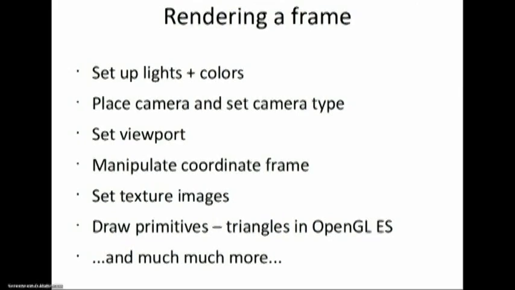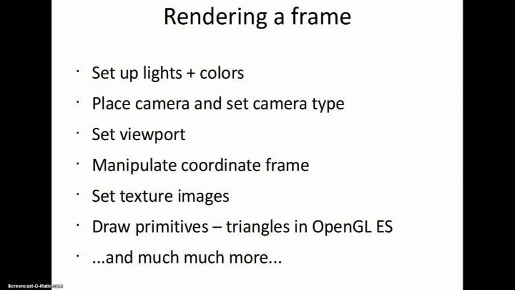But even so, when rendering a single frame, we need to do several things. We obviously need to place a camera somewhere, set a camera type, set up a viewport. This will typically be done once for the scene or for each frame. Then we need to set up the colors of the materials that we're working with. Different parts of different objects have different materials, different colors.